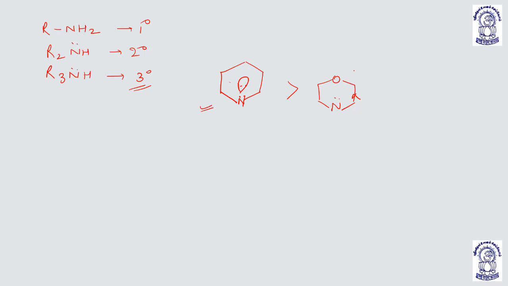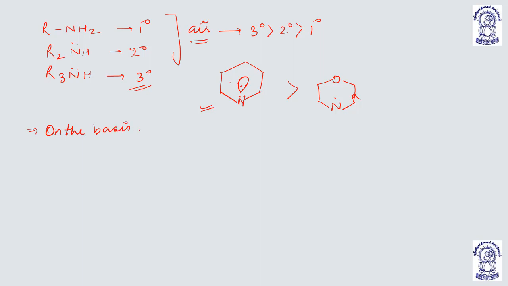So on the basis of basic strength in the gaseous phase, amines are primary, secondary, and tertiary. Means, sorry, the basic strength will be 3 degree, 2 degree, 1 degree.